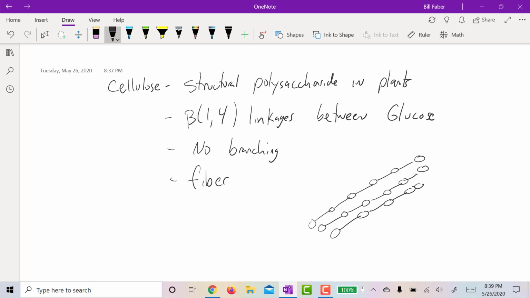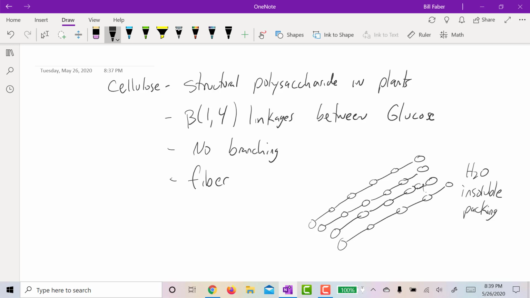And these can pack in to one another, and they form this water insoluble package kind of structure. And if you've ever torn a blade of grass or tried to break a stick, it feels like those lines you're tearing. That's actually cellulose all packaged next to one another.